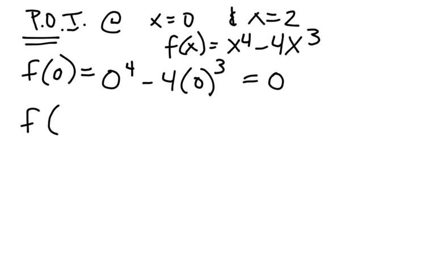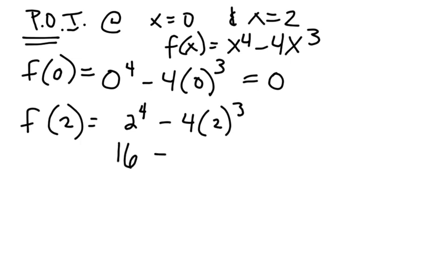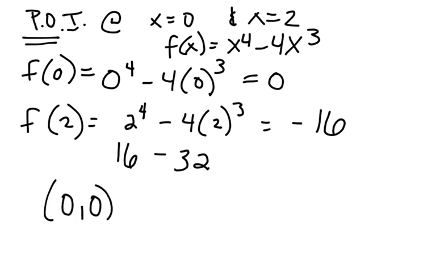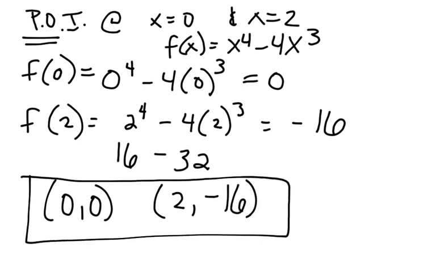And then f of 2 is going to equal 2 to the fourth power minus 4 times 2 cubed, which is 16, minus 8 times 4 is 32. So that's going to give me negative 16. So my points of inflection are 0, 0, and 2, negative 16. That's the answer.